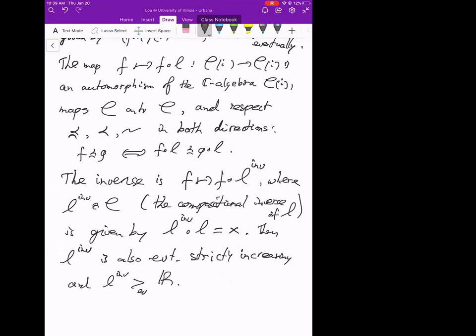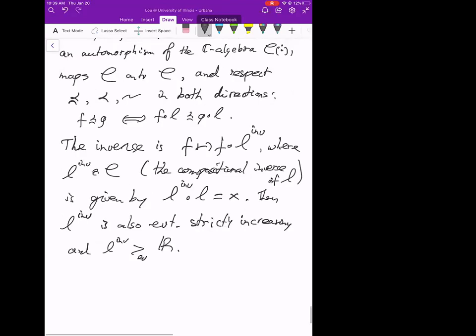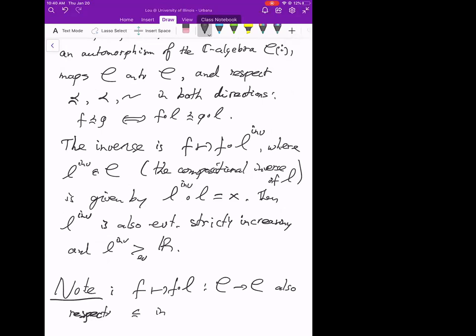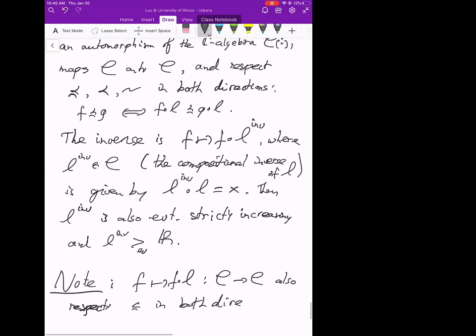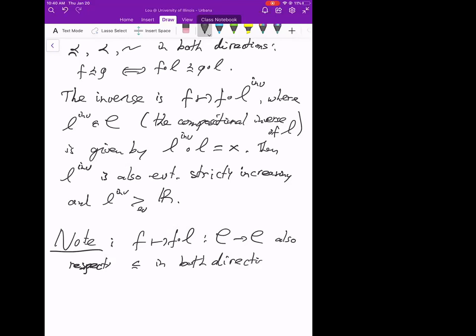Notes. F goes to F composed with L, when you restrict it to C, also respects the partial ordering, of course, in both directions. And it maps Hausdorff fields onto Hausdorff fields, in both directions.